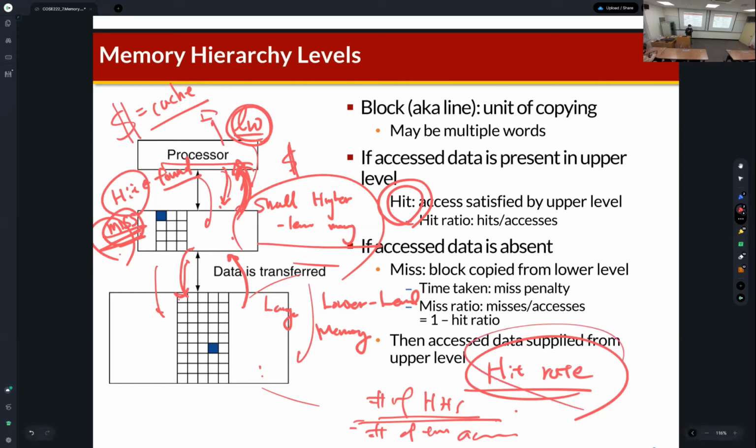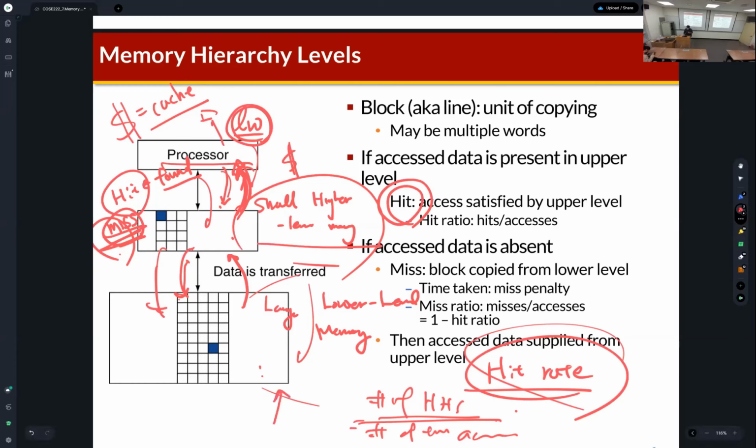If the hit rate is low, which means the requested data is not found in the higher level cache or higher level memory, then the request is also given to the low level memory, which is very slow. So the processor needs to wait longer cycles.